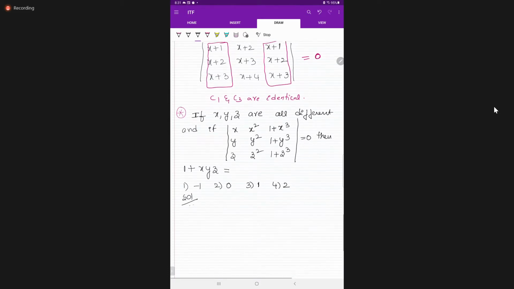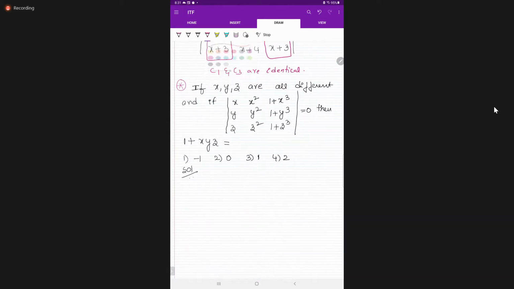What is the property number 4, students? Respond all of you. What is the property number 4? Students, what is the property number 4?